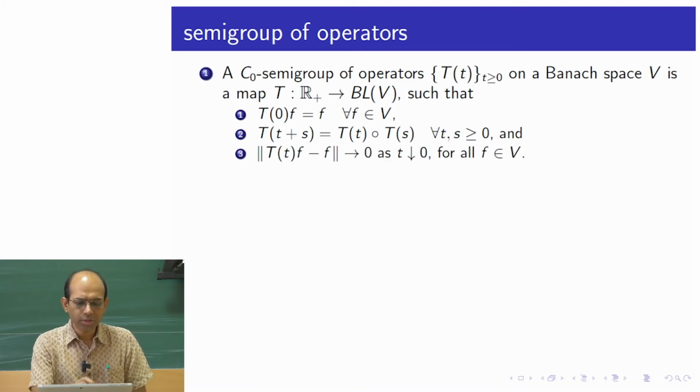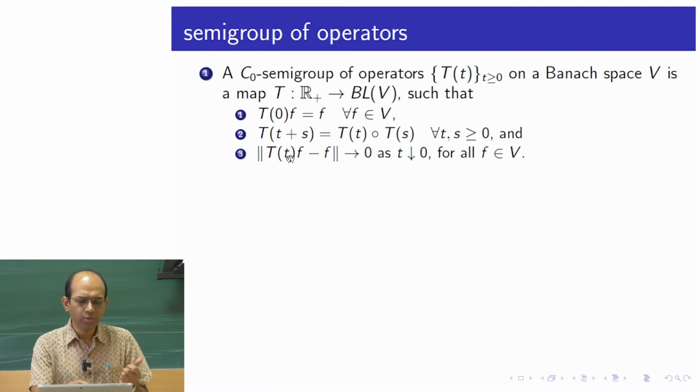And the third property is the continuity property, saying the right continuity, that the norm of T(t)f minus f. This is a vector in V, but you take the norm, so you get a positive real number, and as small t goes to 0, that should go to 0.